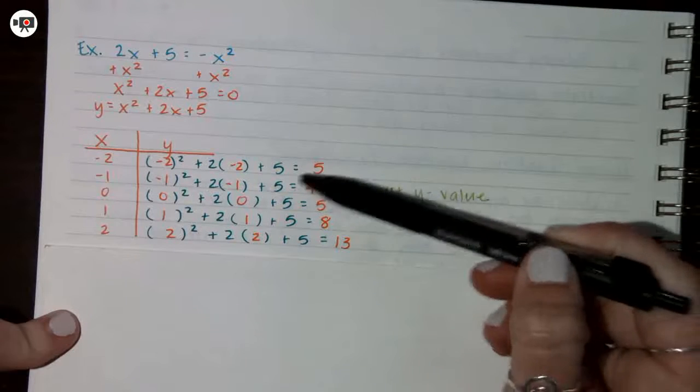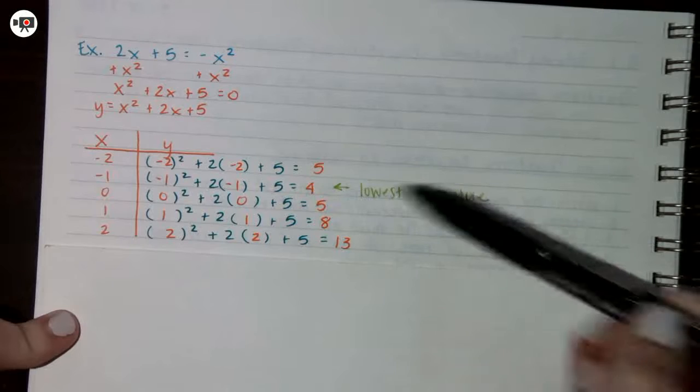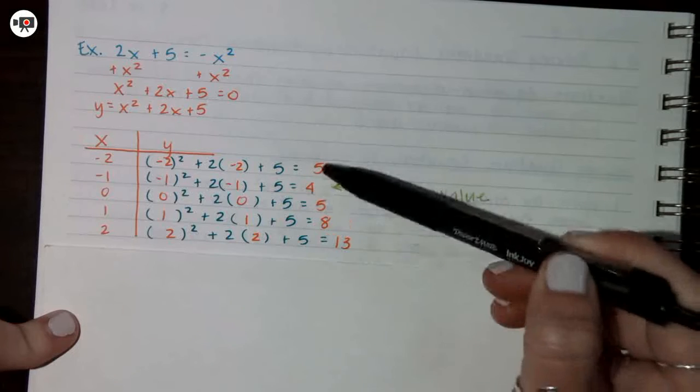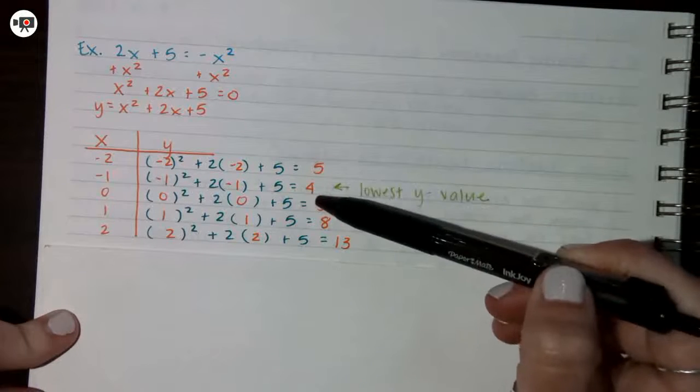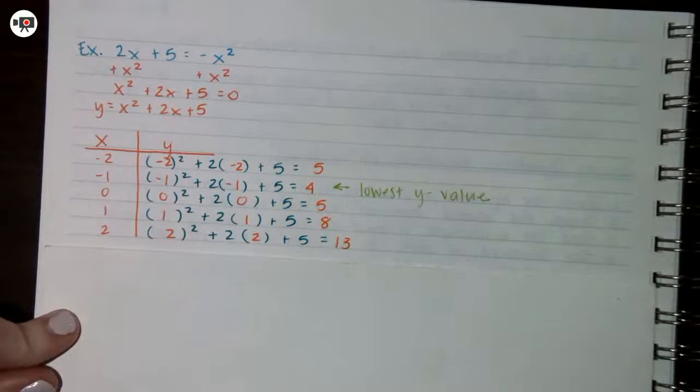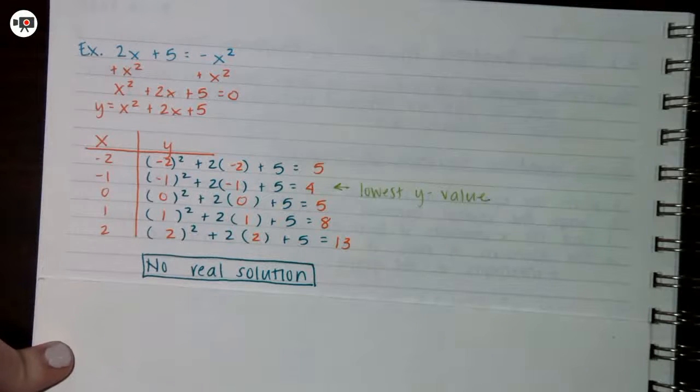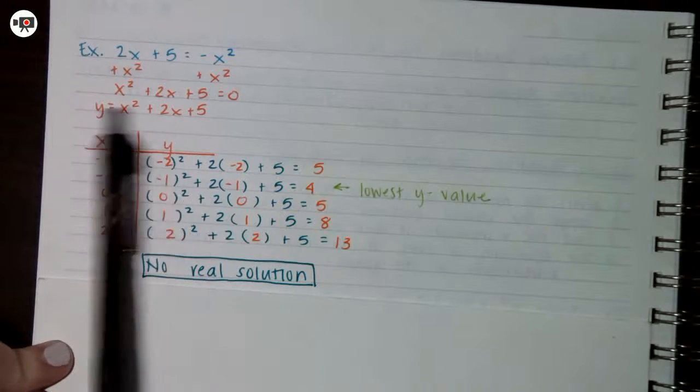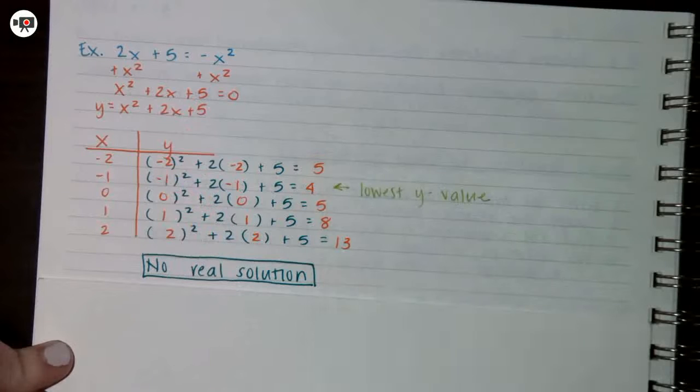I notice that this 4 is the lowest value that I'm going to see, and it's right in between -2 and 0. So if I were to graph this, it's not going to cross the x-axis. So we're going to say that this one has no real solution because there's no point at which this graph is going to cross the x-axis.